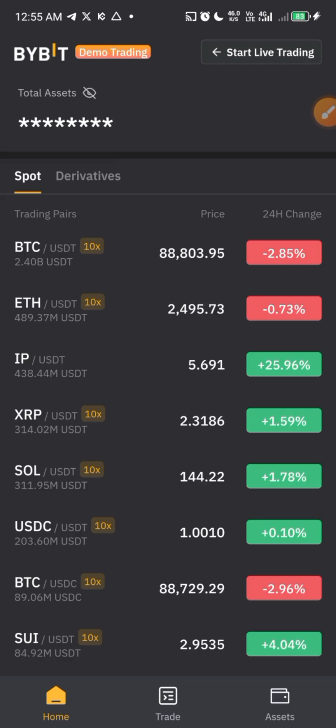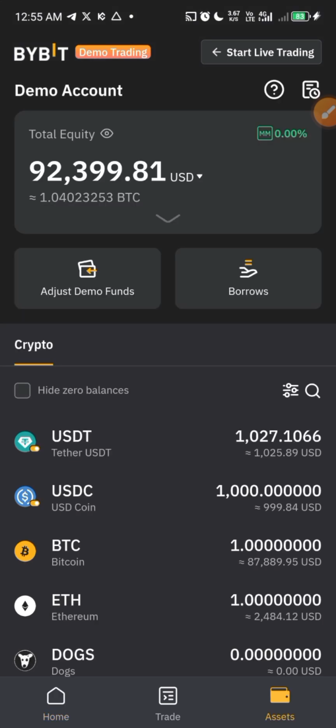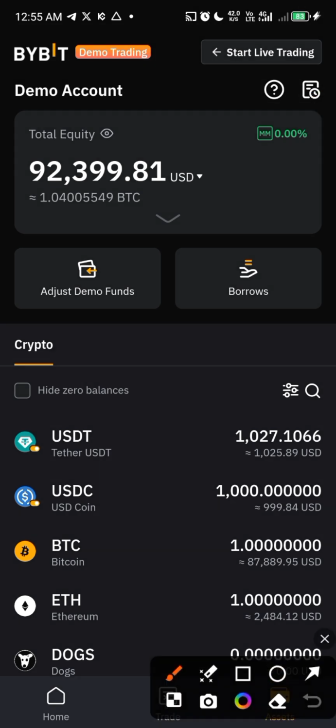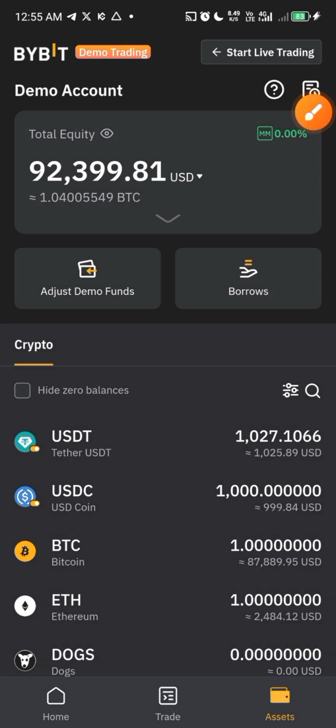Now when it opens up like this, one thing you must do is, let me just go to my assets. So when you come to your assets like this, one thing you must do is to reduce your funded amount, because once you create a demo account, they are going to fund it here. Let me open it again.